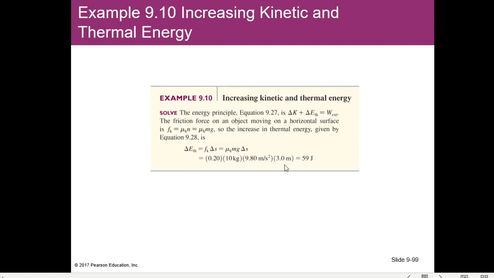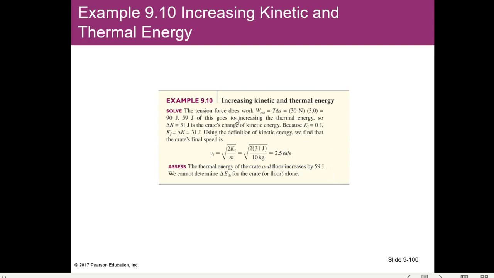So we have to subtract this 59 joules to get the net work done on the crate, and then that will give us the change in kinetic energy, therefore the final speed. So the tension force does the 90 joules, and 59 goes to increasing the thermal energy. So the change in kinetic energy, which is the net work done, is 90 minus 59, or 31 joules. So then we can get the final velocity.